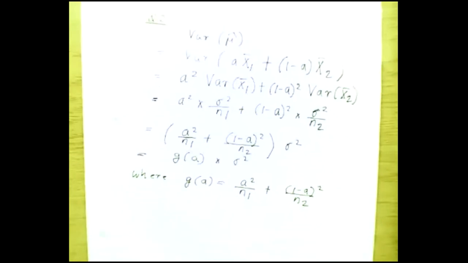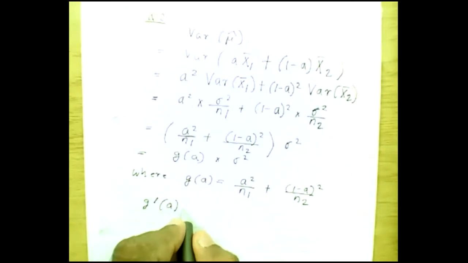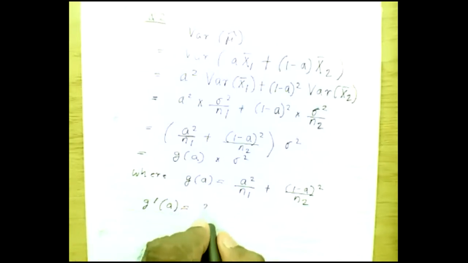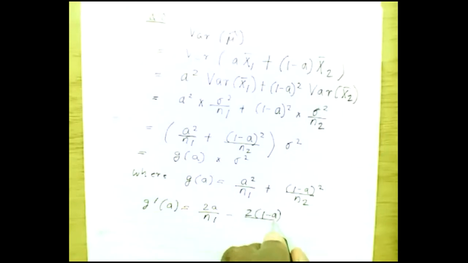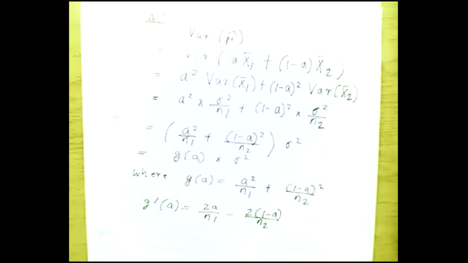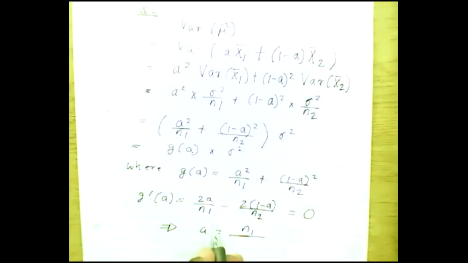So what I'm going to do first is take the derivative with respect to A. It will become 2A divided by n1 minus 2 times 1 minus A divided by n2. If you set this to 0 and solve for A, I don't have the time, but if you solve this equation for A, this is what you will get as the solution.